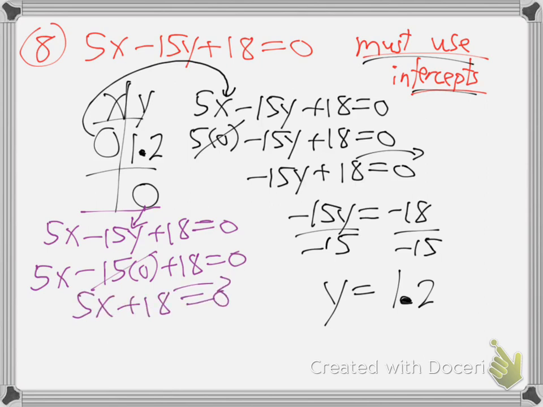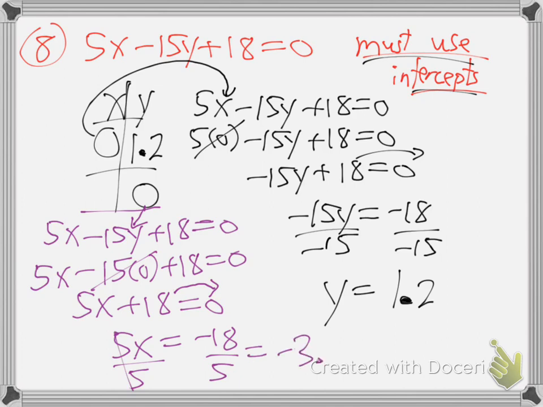Jump the 18 over. 5x is minus 18. And then divide by 5. Use your calculator. That's going to be negative 3.6, I think, right? We good there?